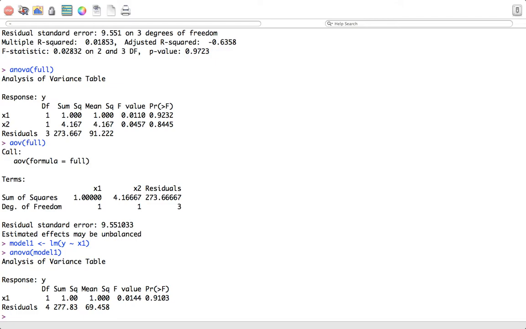A little time consuming, but I think it's going to be worth it to see the stability of some things. So, guys, our regression sum of squares is 1, and our degrees of freedom is 1, and our mean square is 1. The error has degrees of freedom 4.